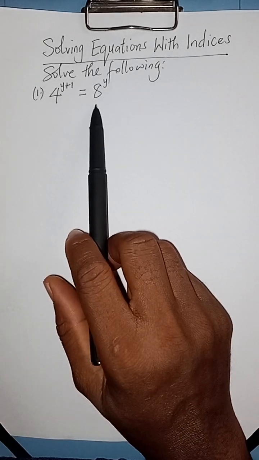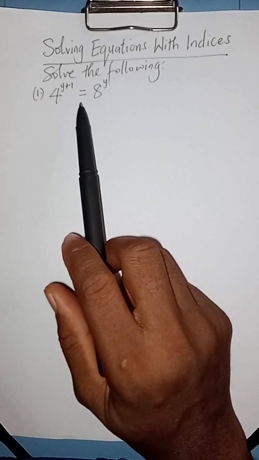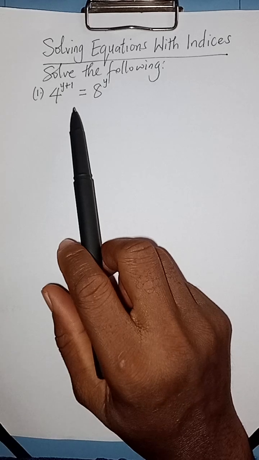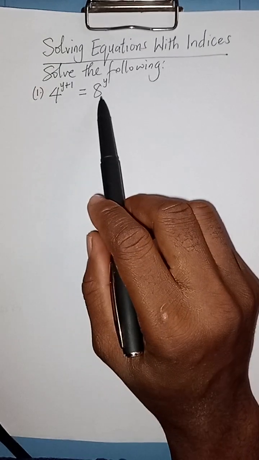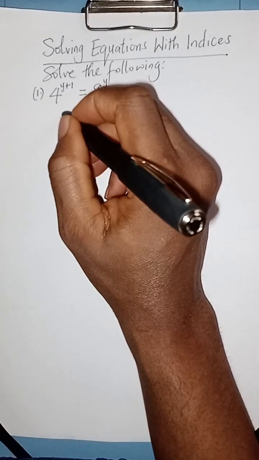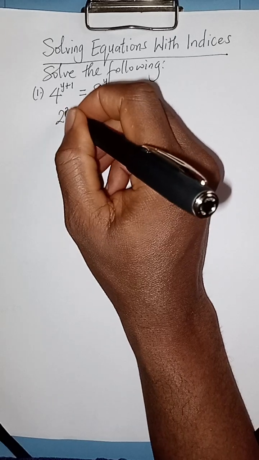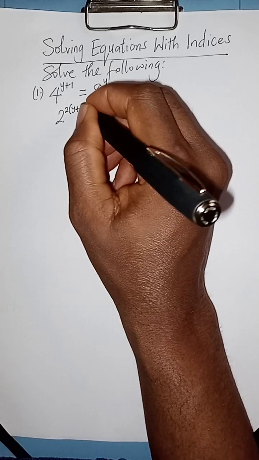So what we're going to do is to ensure that these two have the same base. So you think of a term, you can express 4 and 8 so that they have the same base. For example, 2 raised to power 2 is 4, then you open brackets y plus 1.